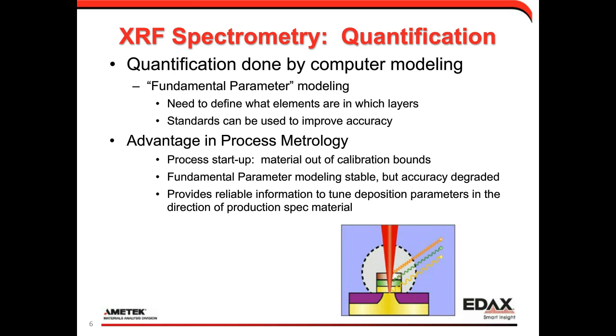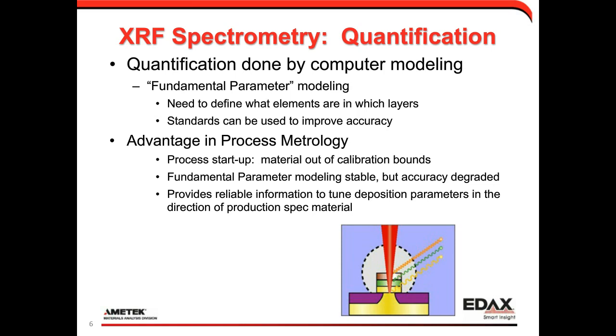When we measure coating layers, you need to define which elements go into which layers, and that's typically well known when you're measuring something that comes out of a process or something that's been made in your factory. Sometimes you find some surprises, but in general, you define what elements are in what layers, and we use a physics-based computer model to calculate the compositions and thicknesses of the layers.